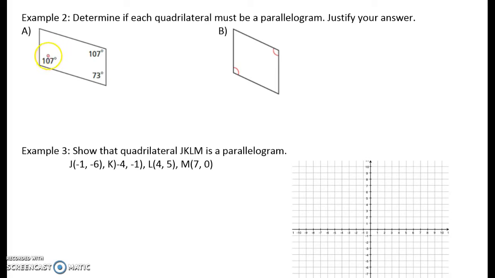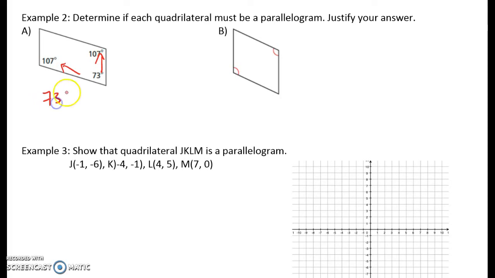So here I've got one pair of opposite sides that are congruent, but another pair that I don't know. Don't assume information about this unknown side, okay? We don't know it's a parallelogram, so we can't just say I can do 180 minus 107. All right? So let's take a look at the 73. Notice we've got two consecutive angles that are right next to that 73. So just check, right?